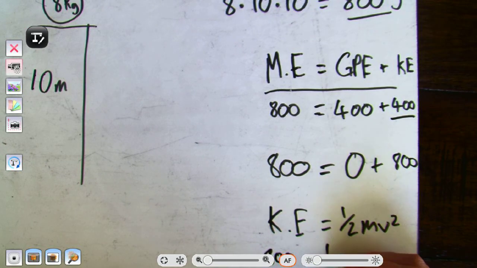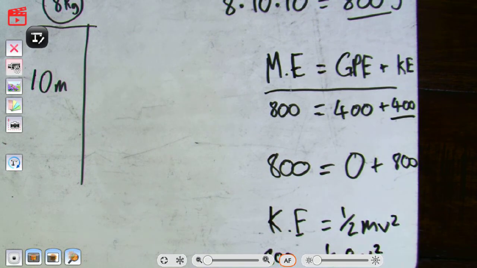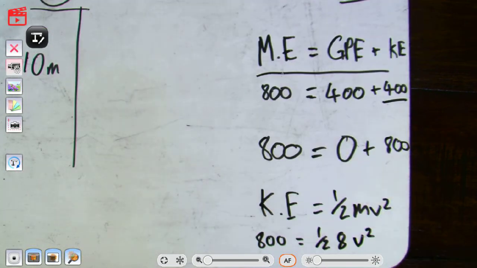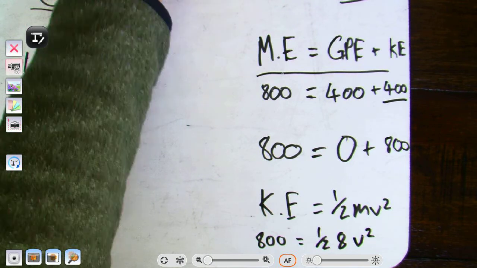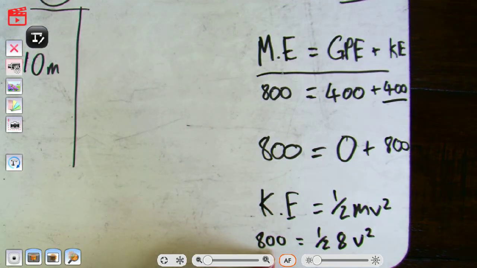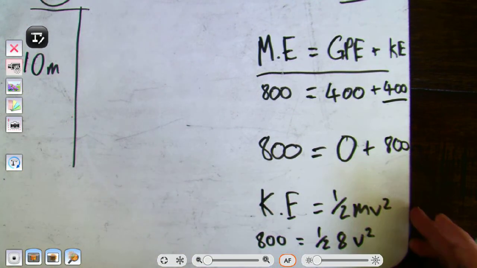The mass is 8. So half the mass times v squared, and we solve for v.